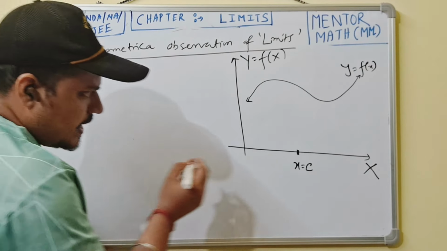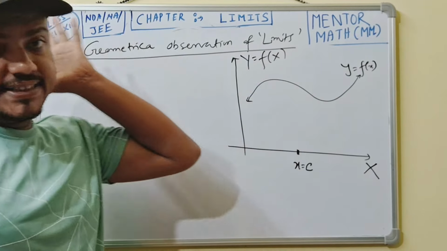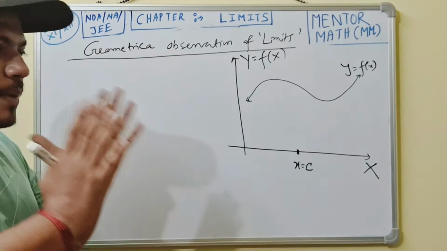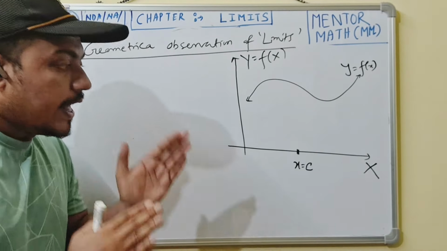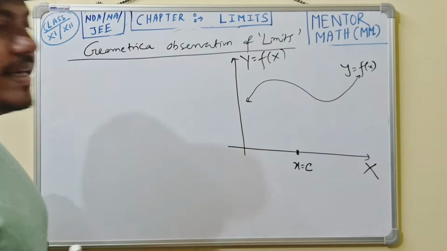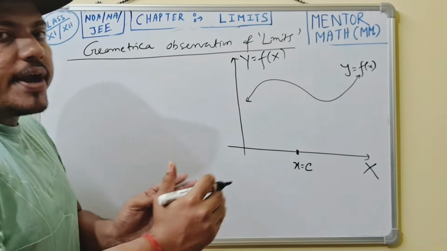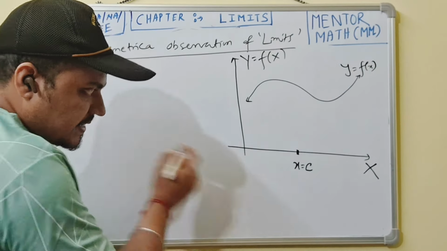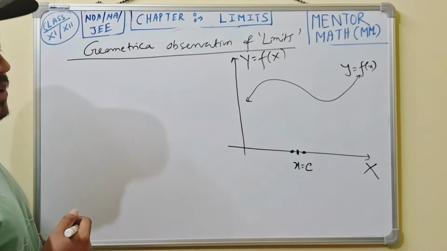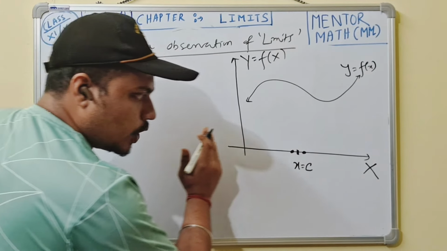Now first of all you have to work on that particular point on your x-axis, and whenever you discuss limit, you know that limit means we have to study the neighbor points of a particular point. So here the particular point is x equal to c, and we have to check which points are the neighbor points of c. Basically these two points are the neighbor points of c, one from the right side and another from your left side.